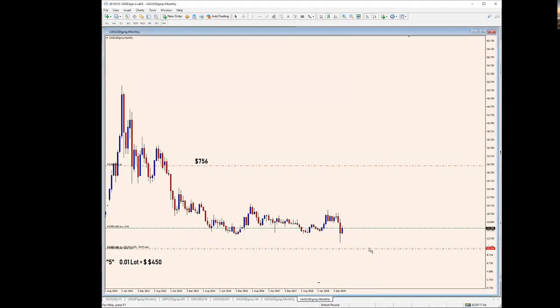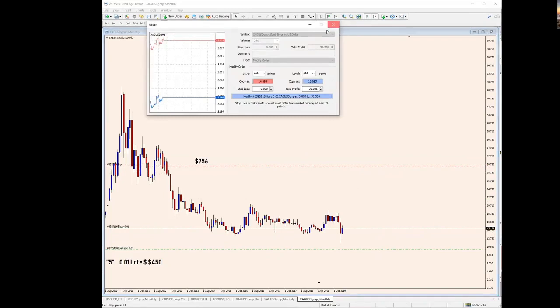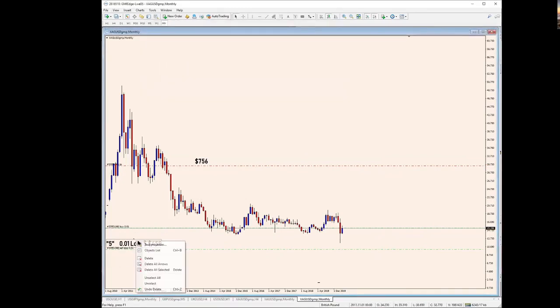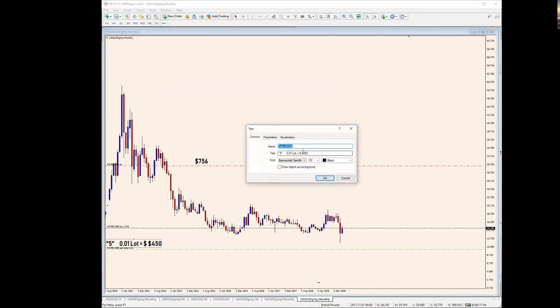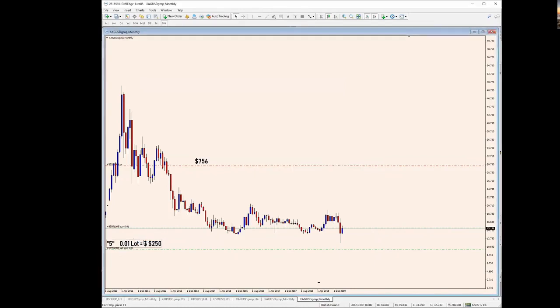How much is my risk now? It's about 250 USD, at the same price. 250 USD is my risk, and my reward is 750.